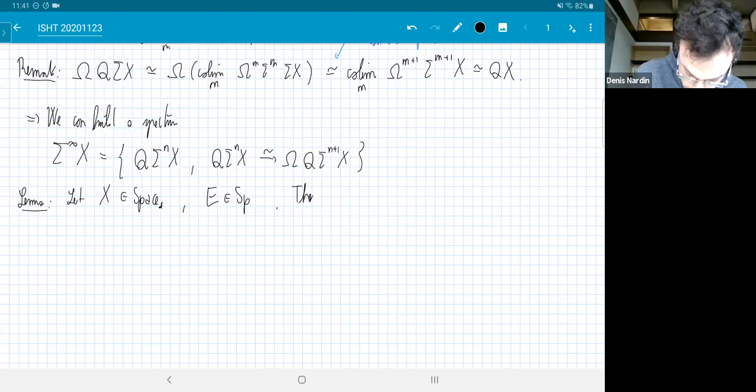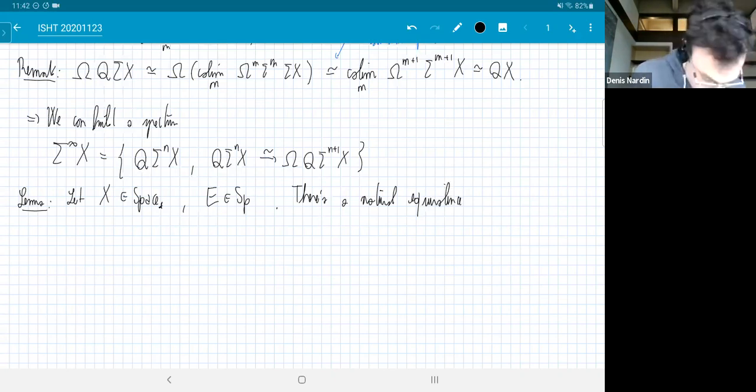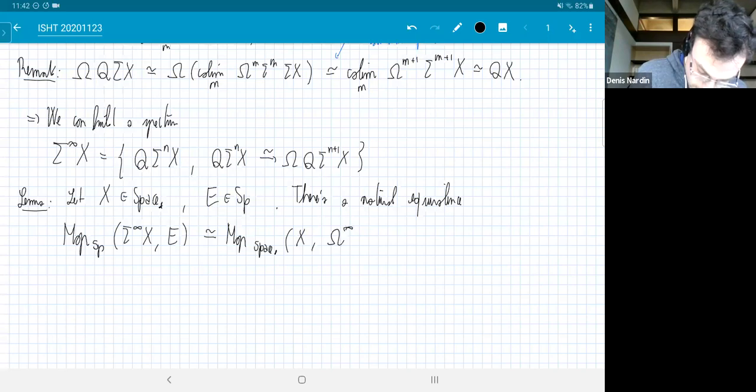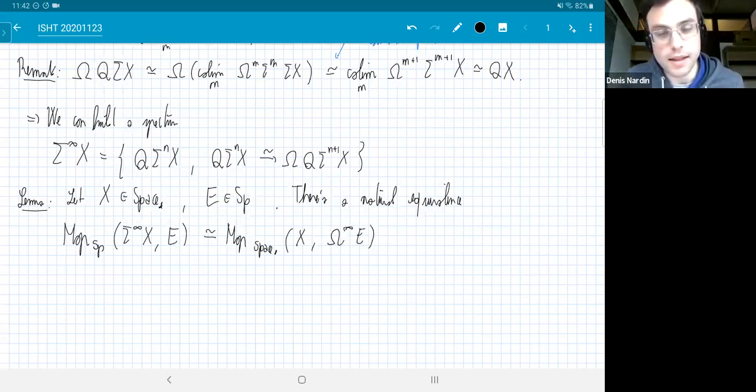Then there is a natural equivalence between maps in spectra from sigma infinity X to E and maps in pointed spaces from X to omega infinity of E. Now, giving a map from sigma infinity X to a spectrum E is the same thing as giving a map from X to the underlying space, or the zeroth space, of E.